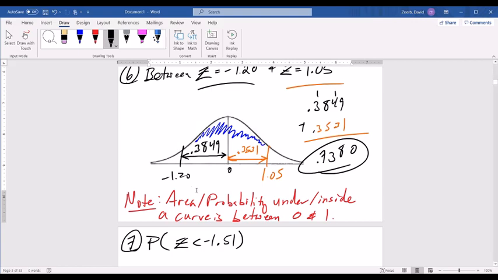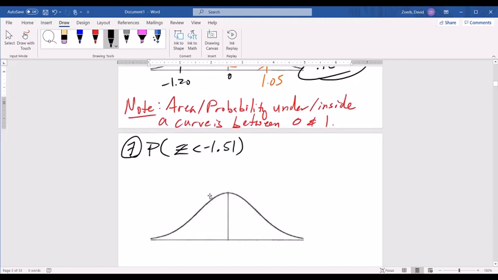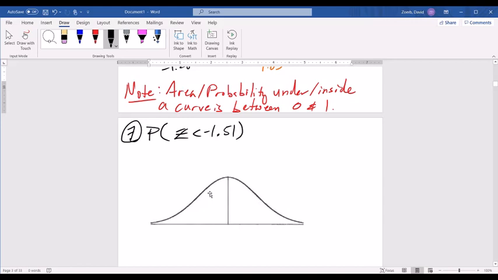Now I said area slash probability because now I want the probability that z is less than negative 1.51. It's the same thing, just put symbolically instead of using words. So I have 0 in the middle. Negative 1.51 is somewhere on the left side. Double arrow. Look up 1.51.